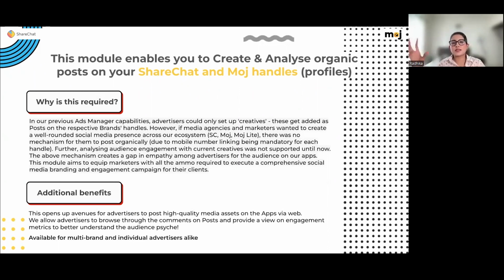So for example, the business name is ABC Company Limited. You would have a profile on ShareChat and Moj with the logo that you have provided, with a preferred business name that you have provided. That's essentially your brand presence on our platforms. Whenever users click on the CTA of your ads, they will obviously be redirected to the link that you have shared. However, if the users click on the profile icon of the ads, or the profile name of the ads, they get redirected to your business profile page on ShareChat and on Moj respectively.